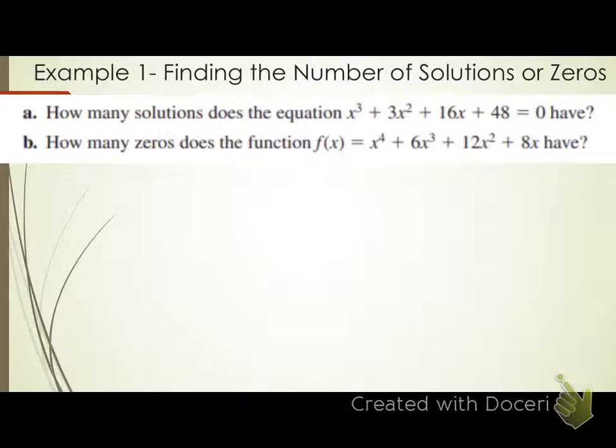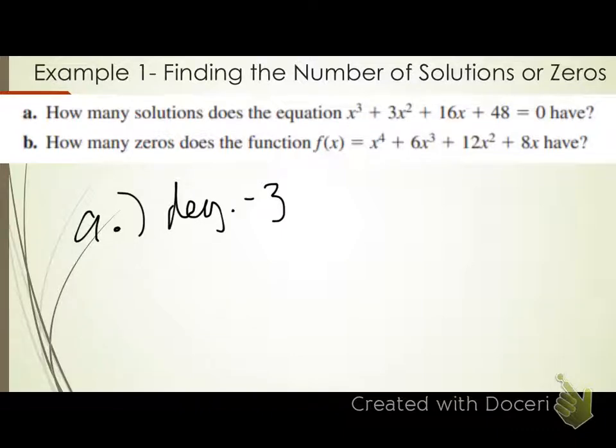So example 1, finding the number of solutions or zeros. Letter A says, how many solutions does the equation x to the third plus 3x squared plus 16x plus 48 equals 0 have? Well, the degree of this polynomial is 3. It's my biggest exponent.